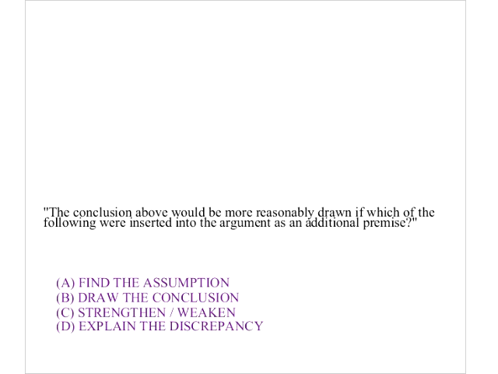Okay, let's do this. Which of the following were inserted as an additional premise? There are 2 ways you could do this. You could actually interpret this as either a strengthen or a find the assumption question, but it's probably better to answer this as a strengthen question because it does not say it has to be true.